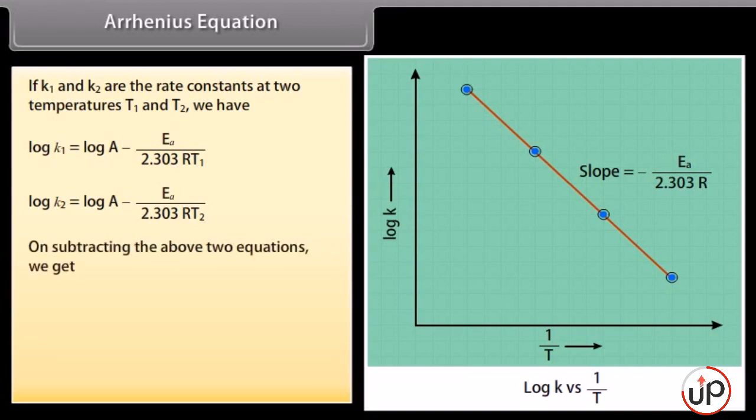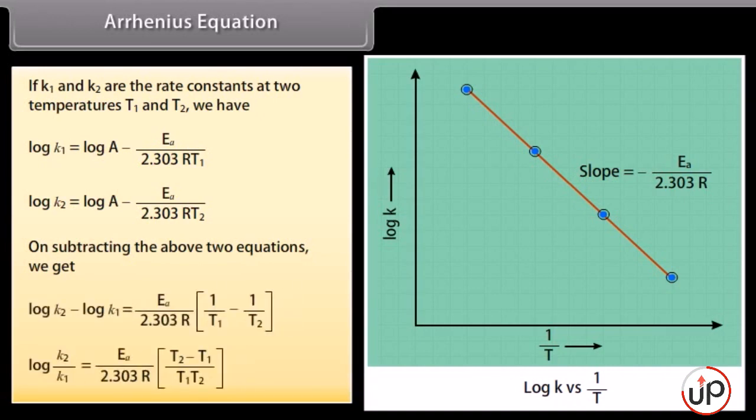On subtracting the two equations, we get log(K2/K1) = Ea/(2.303 R) multiplied by (T2 - T1)/(T1 T2).